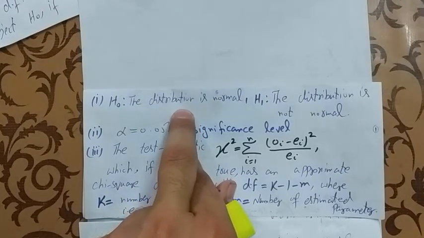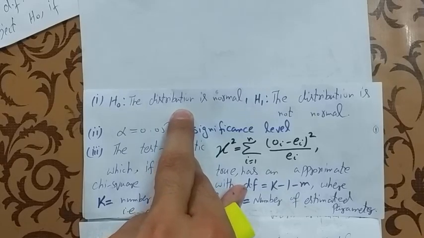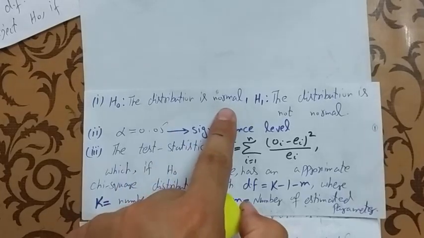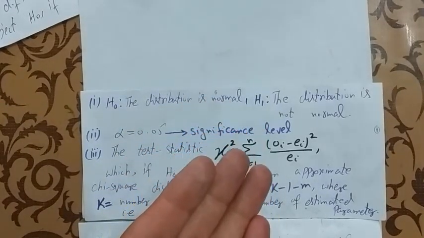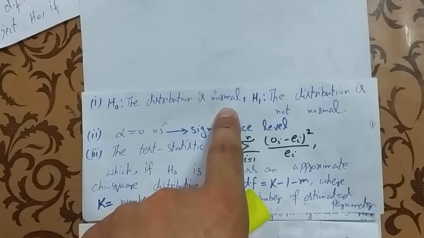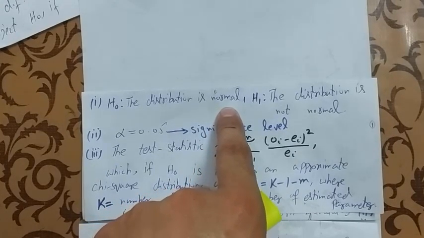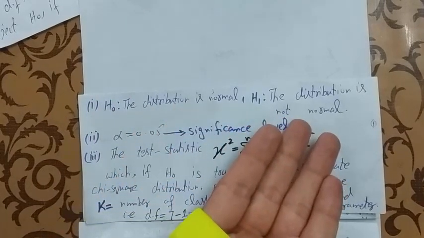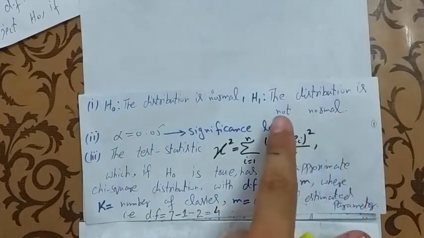If the distribution is binomial, then H naught is that the distribution is binomial, and when the distribution is Poisson, then H naught is Poisson. But in H1, the alternative hypothesis, we choose not the distribution which is in H naught. The distribution is not normal for H1.